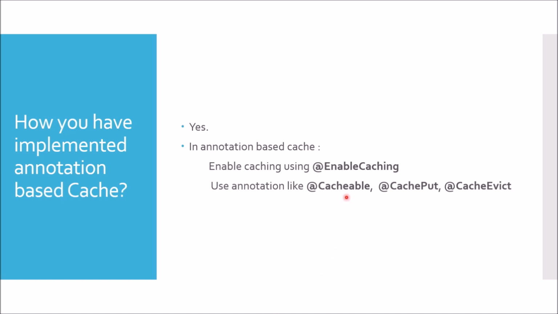Cacheable is used for a GET request. If you want to update something, or if you want to put the response in cache, use CachePut. If you want to delete something from the cache, use CacheEvict. So these four are the common annotations used in cache.